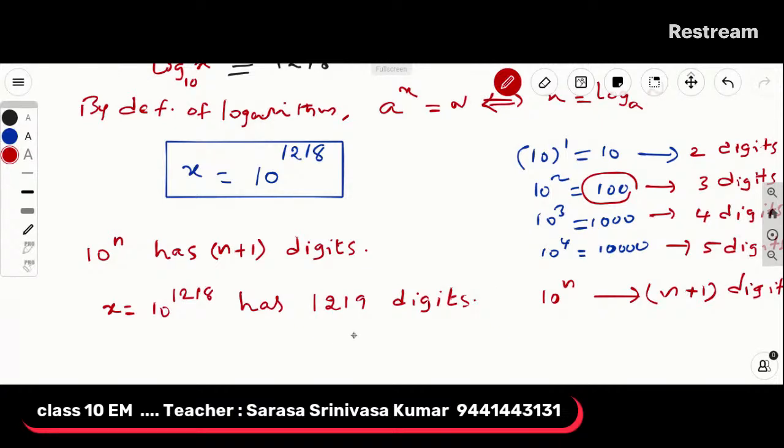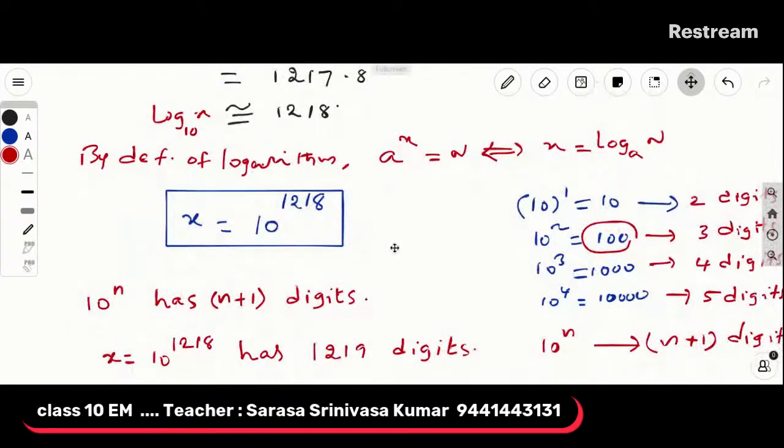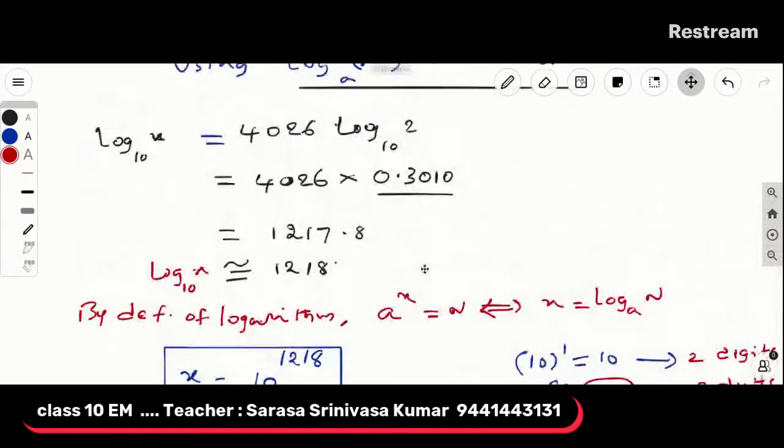Dear students, you just try to understand this concept, how we have proved this result. You have understood up to the step log x base 10 equal to 1218.